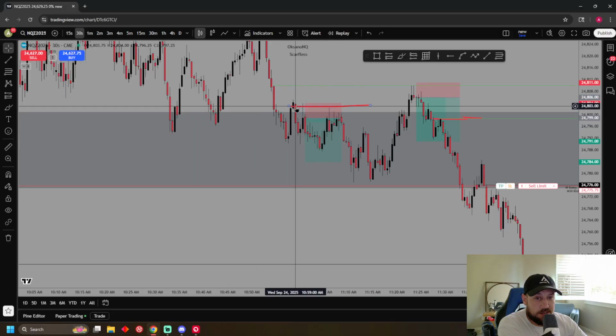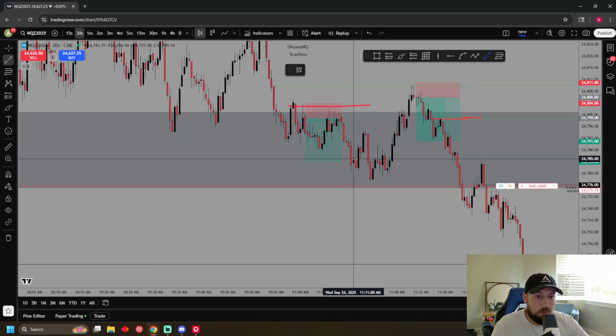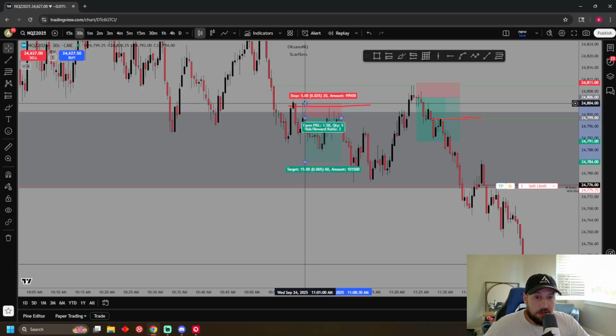So right here, you see how these P15s got taken out, but one won before it got taken out. But here there were perfect equal highs, right? And you can see that they formed right at 11 a.m. So those worked perfectly.